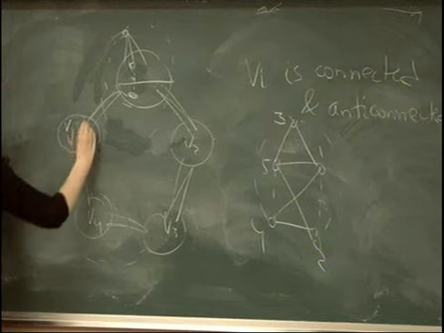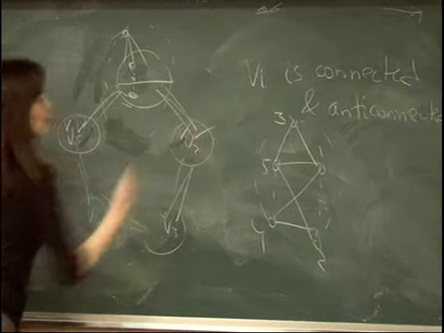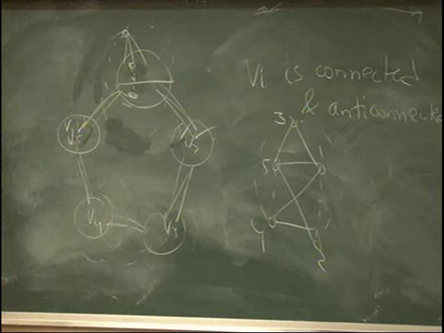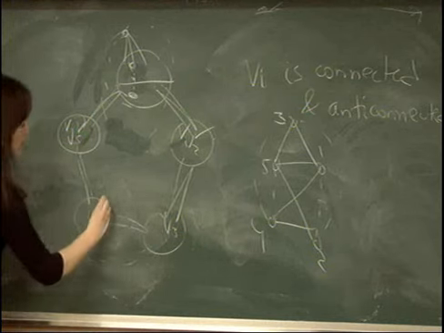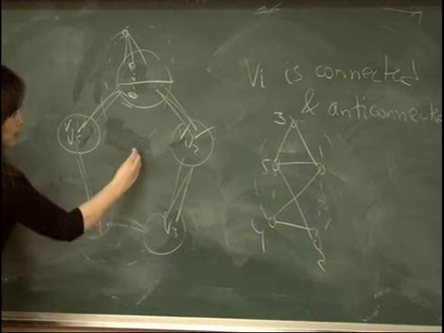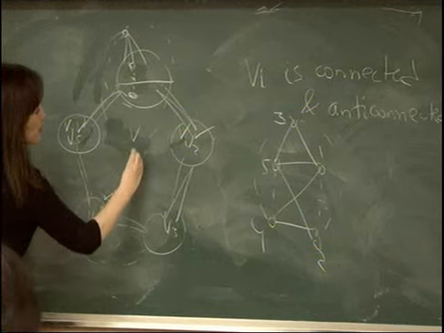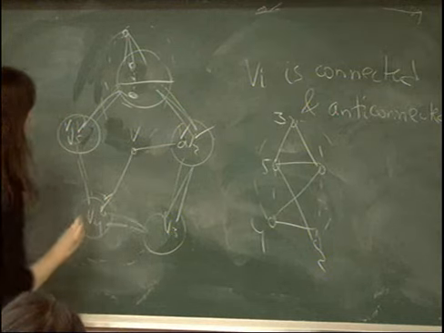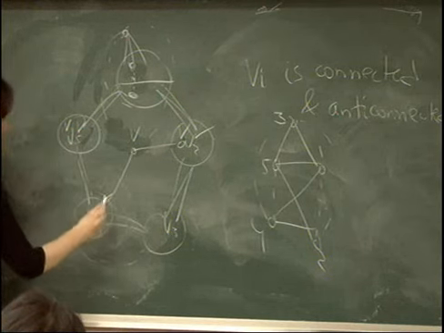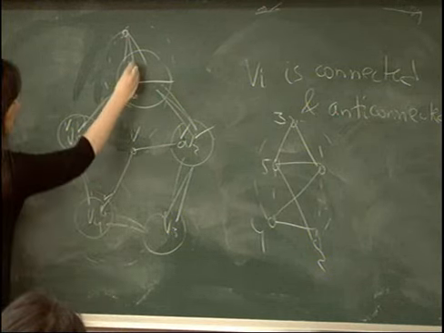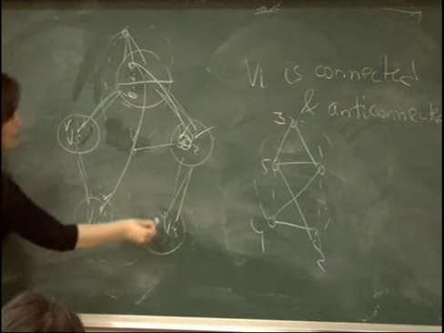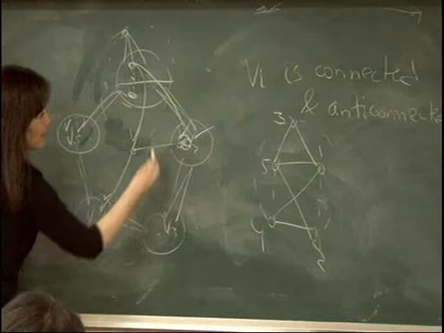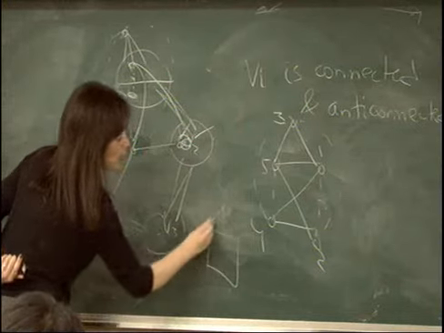Suppose I'm complete to them. So check marks means I'm adjacent to them. Well, then I claim I cannot have any neighbors here. Because suppose I had a neighbor here. Let me put my V in the middle. V has a neighbor here, and a neighbor here, and a neighbor here. If I could find a non-neighbor here, that would be a 4H antipath again. A 4H antipath is just a square with a head.